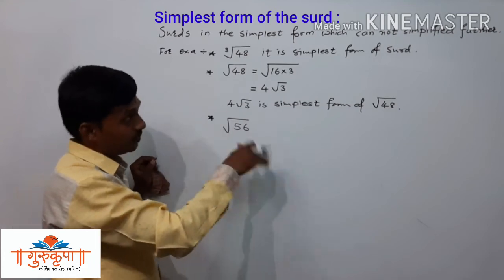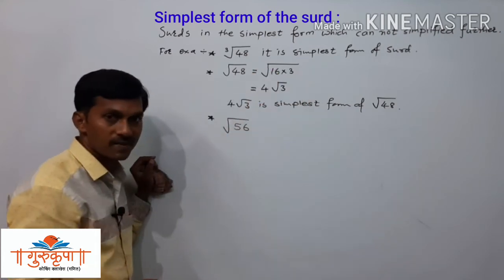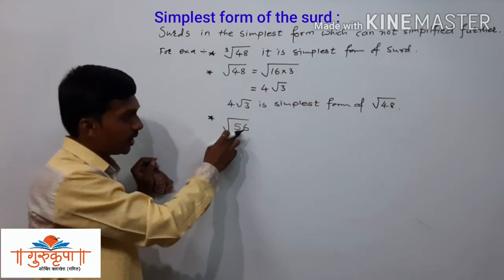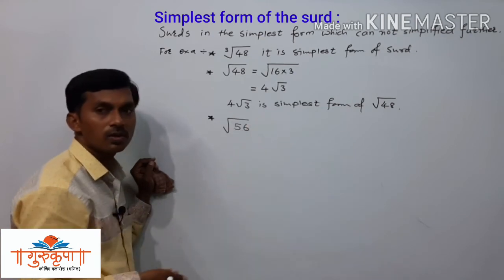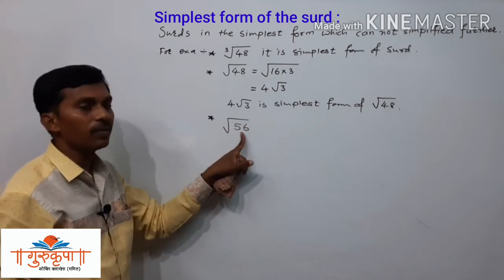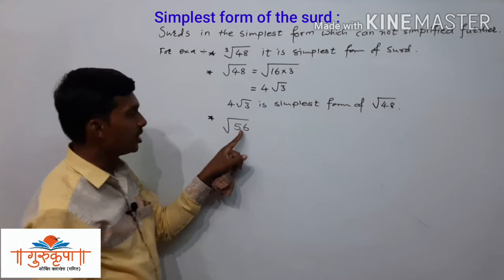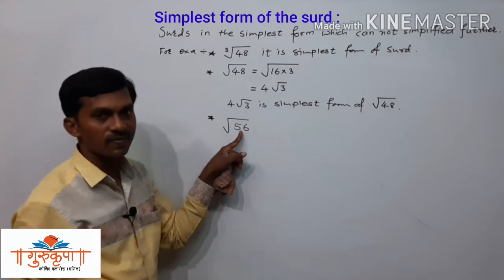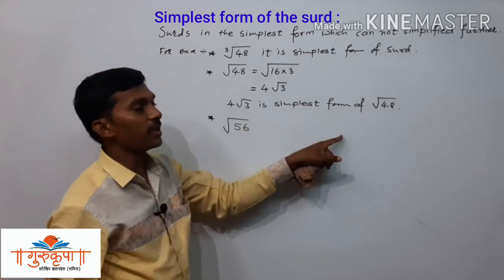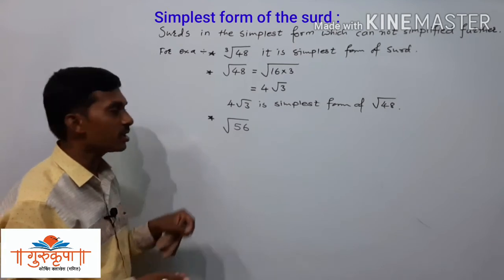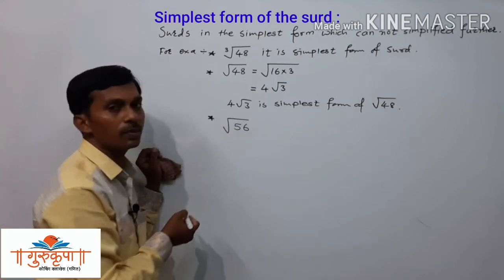But can we simplify this further? No. We are unable to simplify this further. Why? Since here we have 56, and we cannot get the factors of 56 such that the square root of one factor is possible to find.